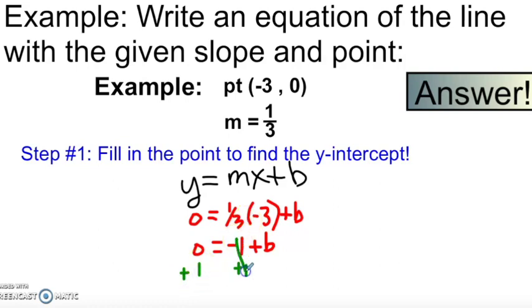This will cancel. And my b is 1. So my equation then is y equals 1/3 x plus 1.